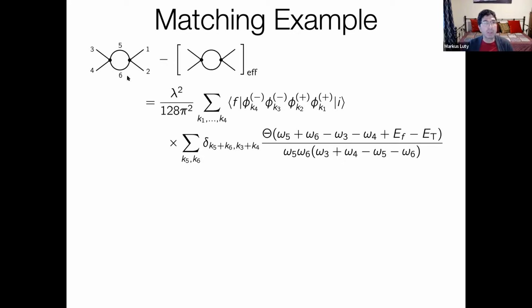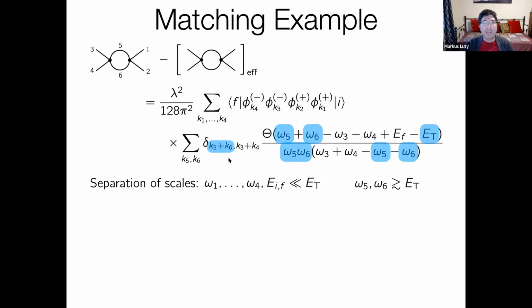So for example, let's do literally those diagrams that I just talked about, okay? And then there's a lot of stuff here, okay? But what you should focus on is that there's this step function, and the step function basically says that only the high energy states contribute, okay? So to make that a little bit more clear, let me say that energies 1 through 4, and also the total initial and final energies are all assumed to be small compared to the cutoff, right?